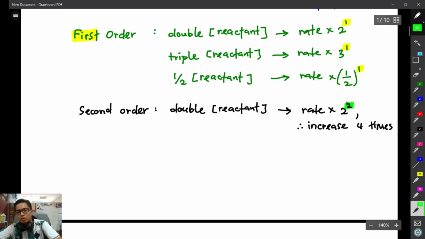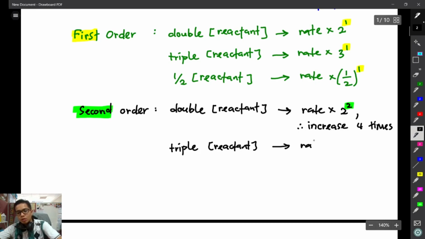Okay, these two up here referring to second order. Then if we triple the concentration, that will mean rate will be 3 power of 2 because of second order. Then the rate increased by a factor of 9.